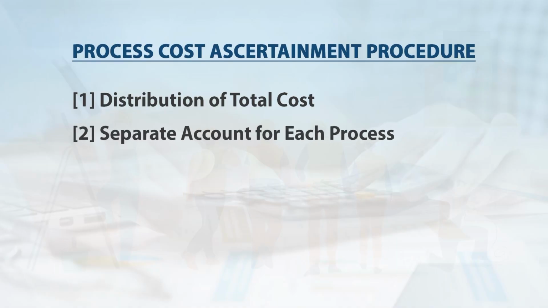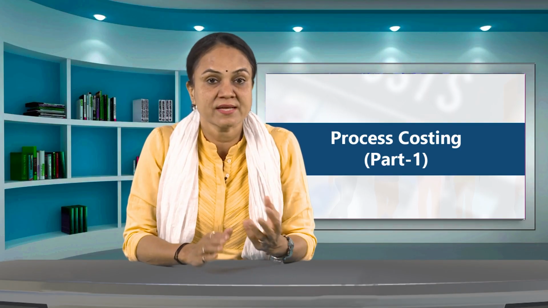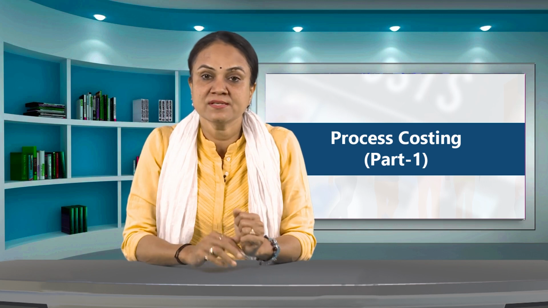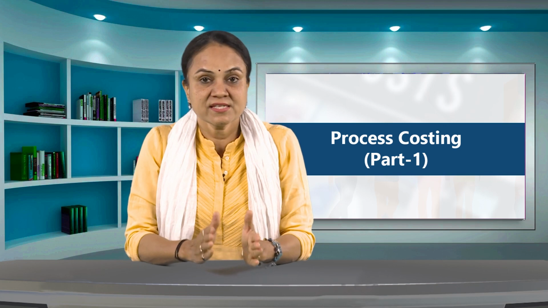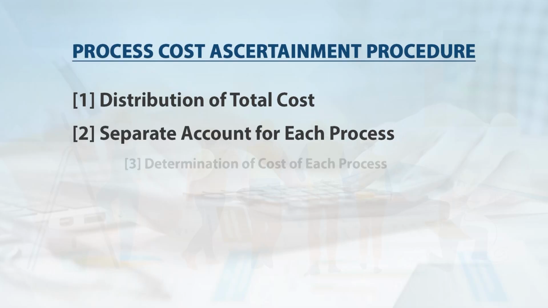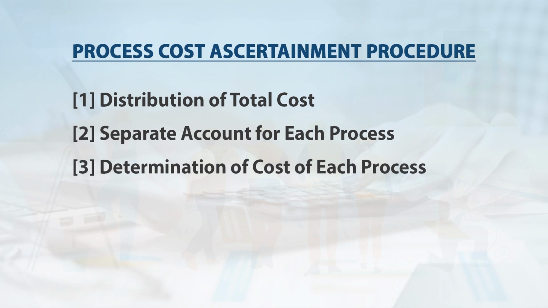Number 2, separate account for each process. A separate account is opened for each process and each process account is charged with the material, labor and other expenses incurred directly for the process concerned as well as with its share of overhead charges. Third, determination of cost of each process.